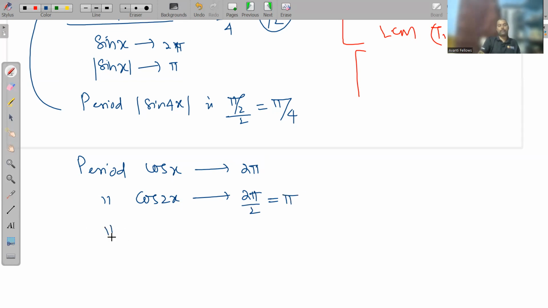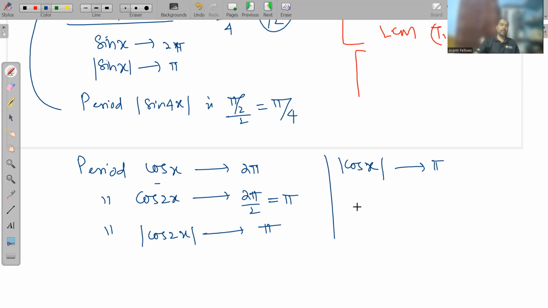Then the period of mod of cos of 2x: the period of cos x is 2 pi, so what is the period of mod of cos of x? That is pi. Okay, this becomes pi. So what will be the period of mod of cos of 2x? That is pi by 2.